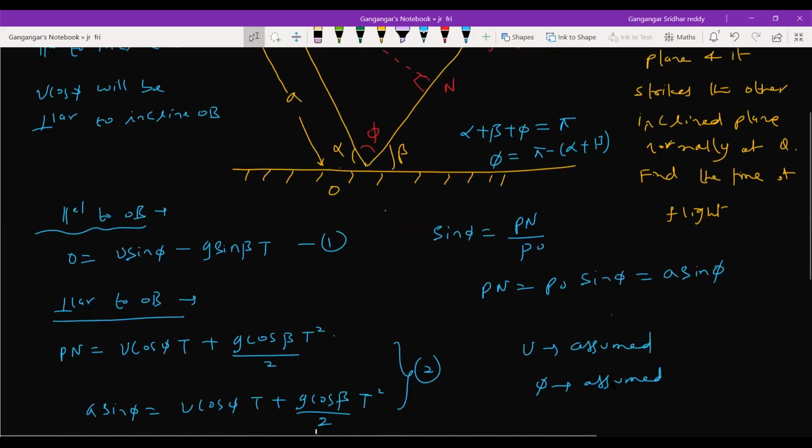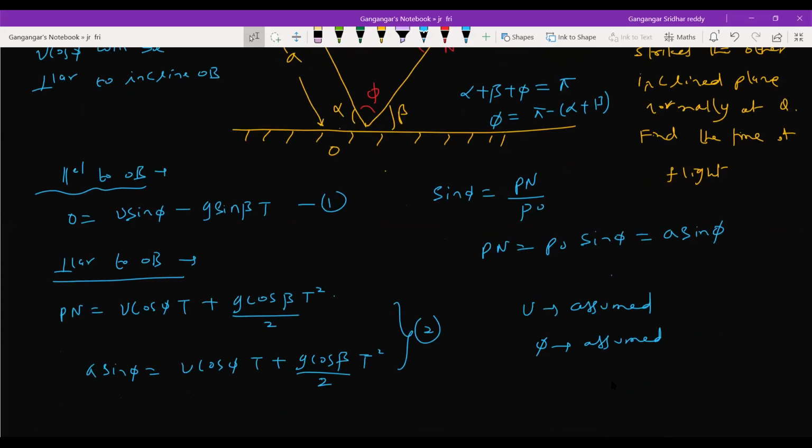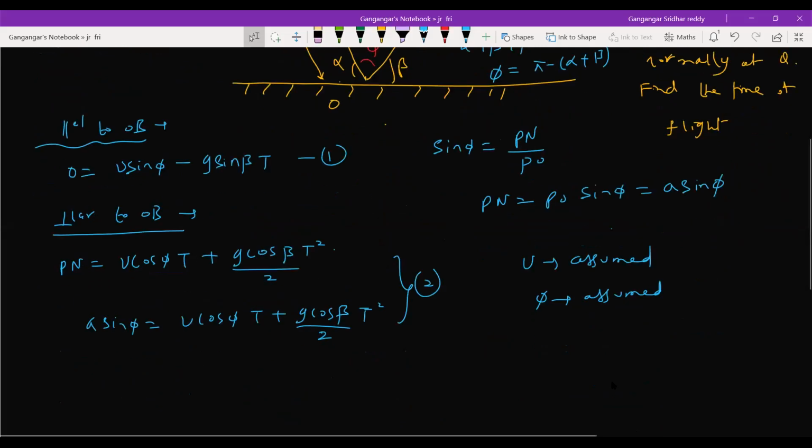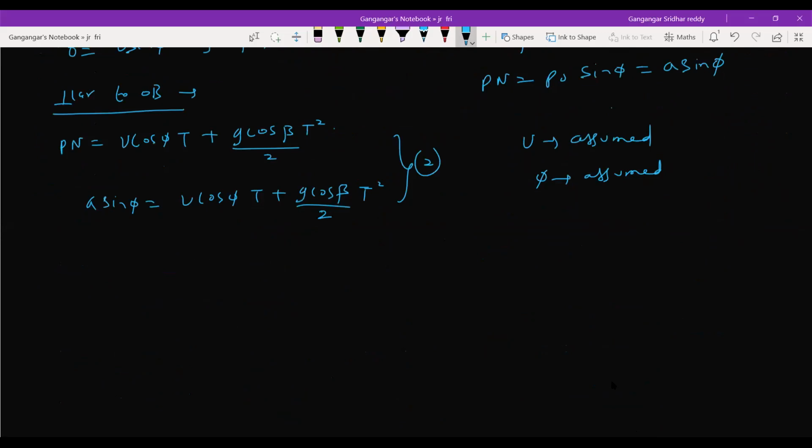Fine. Okay. Now solving this, because you can ask what's our equation 1. In equation 1, when u is unknown, I should eliminate u. Phi, okay, I'll get it. Pi minus alpha plus beta, phi I'll get from there. But u, I don't know. So therefore, I'll write one more equation. I'll eliminate u from here. I'll solve for t. I'll get the required answer. You can also get the value of u also. I'll write down the answer.